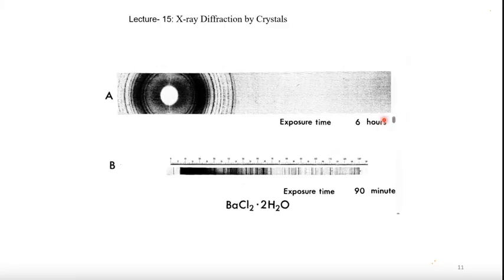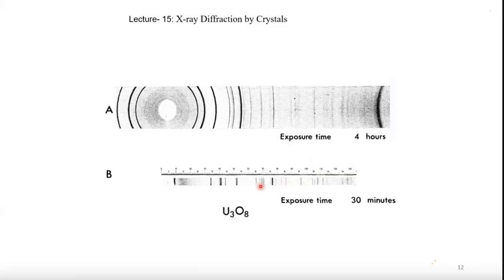Another example is hydrated beryllium chloride. The Debye-Scherrer pattern almost says nothing to us and is very difficult to evaluate, even if we expose it for 6 hours. With the Guinier camera, it is about 90 minutes exposure time and you get a better resolved pattern.